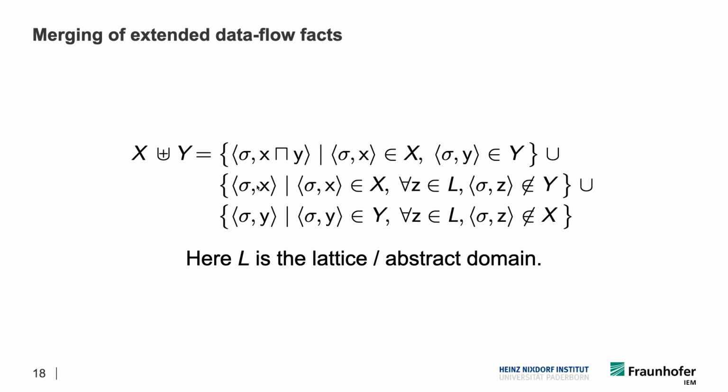The other data flow facts only relate to other calling contexts, and they don't matter to us right now. Therefore X is retained, and the rest we don't care about. Inversely, we also do the same for the other side, and that basically concludes the merge operation.